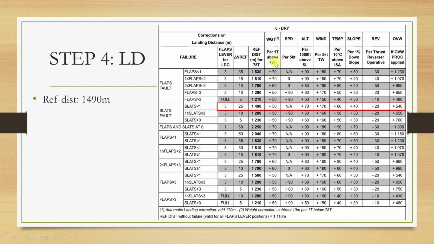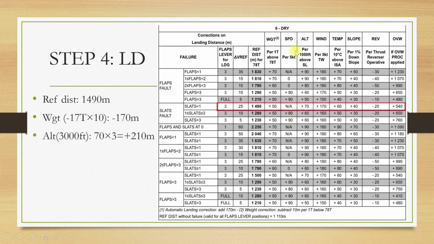Per 1 ton above 78 tons, add 50 meters. But our landing weight is 61 tons, which is 17 tons below 78. So if you go to the bottom of the table, point number 2 says that weight correction, subtract 10 meters per 1 ton below 78 tons. So we need to subtract 17 into 10, which is minus 170 meters.